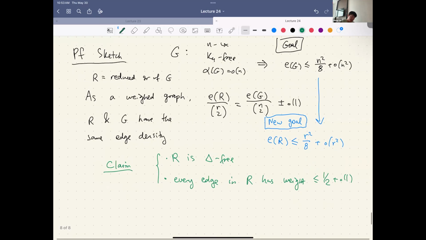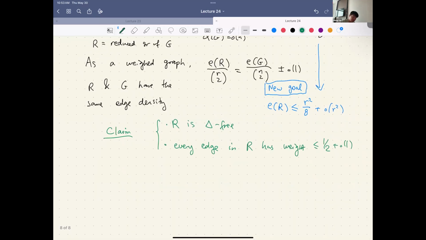First of all, let's see why the claim finishes the proof. This is 1. This is 2.